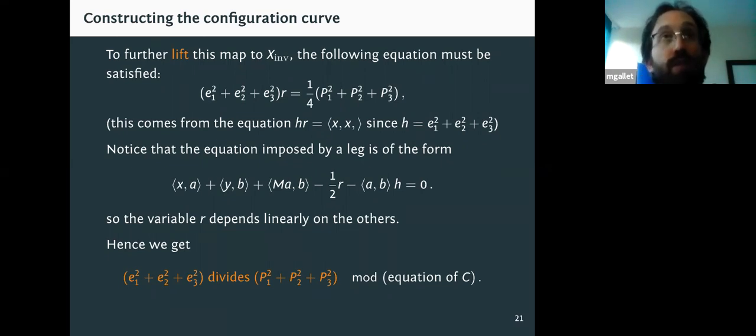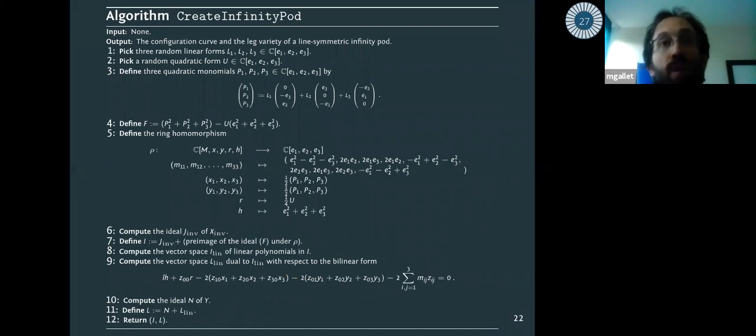And from this, we see that in the previous equation, sorry, I wrote it in the opposite order, the sum of squares of the PIs divides the sum of squares of the EIs. Once you take all of this into account, you can devise an algorithm that provides you with a correct configuration space whose dual really gives you a curve in the leg space, namely allows you to construct a mobile infinity pod.